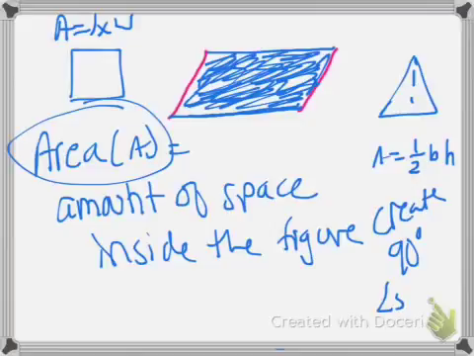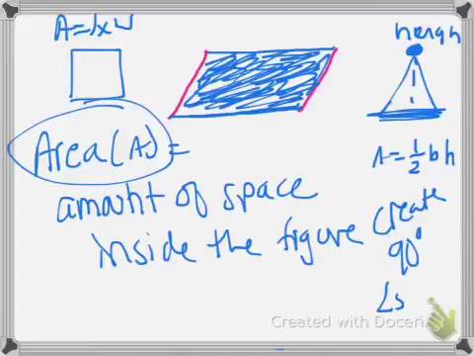And remember, the height is from the base of the triangle up to the topmost corner of the triangle. That is the height, the distance from the base to the topmost point of your triangle.